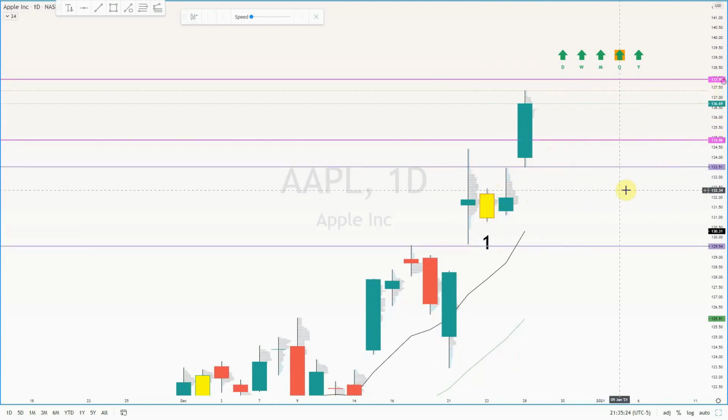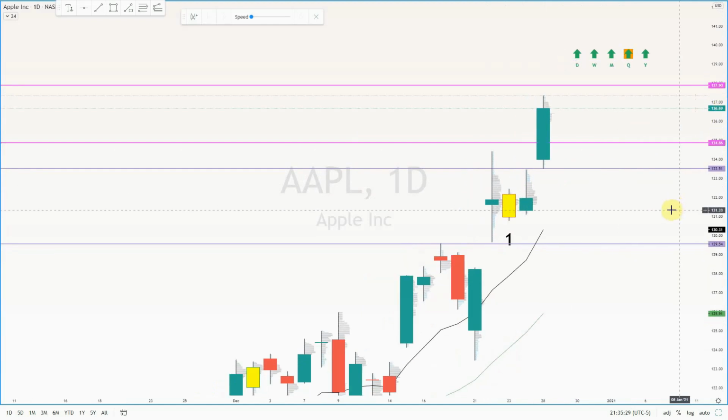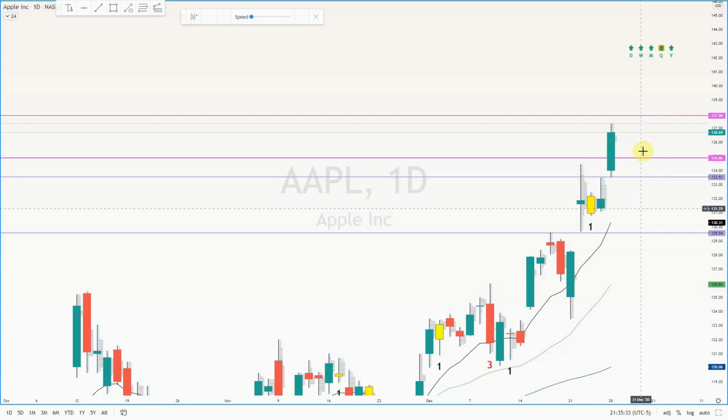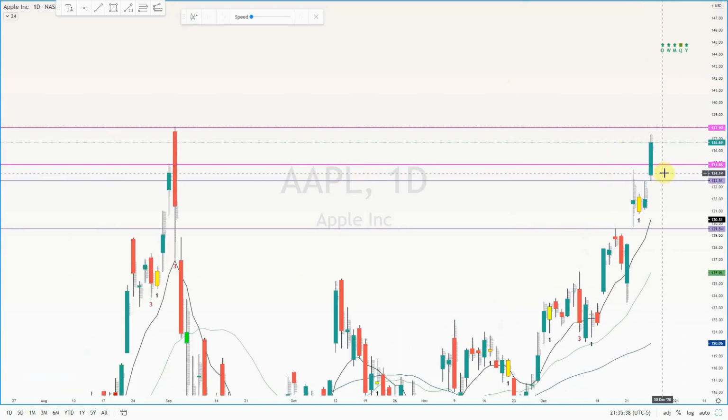Like if it was really weak, maybe it would get all the way back down to the close. And then I would have looked at it and said, this looks like a long setup based on pre-market.